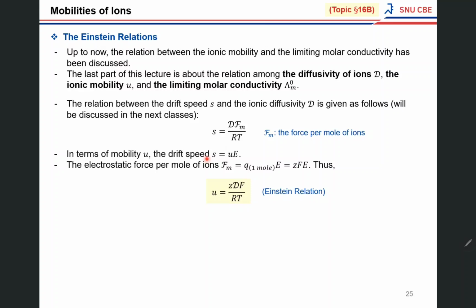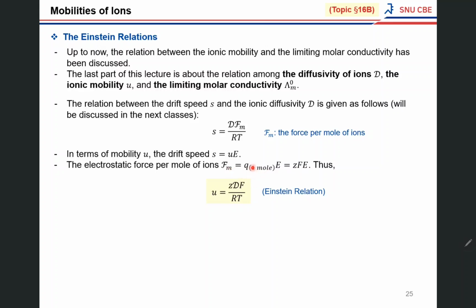This provides a relation between the drift speed and the force experienced by 1 mole of ions. Here it is basically the electrostatic force per mole of ions. So it is the charge carried by 1 mole of the ion multiplied by the electric field, which should be the force.